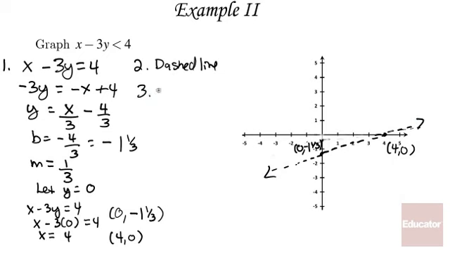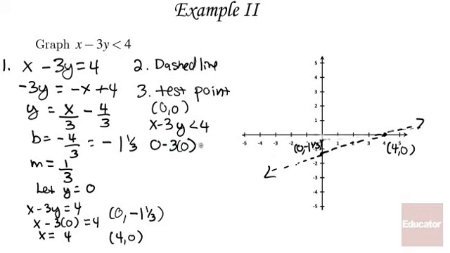Now, for my test point, I'm going to use 0, 0. I'm going to insert it into this inequality, which will give me 0 minus 3 times 0 is less than 4. 0 is less than 4. Is 0 less than 4?